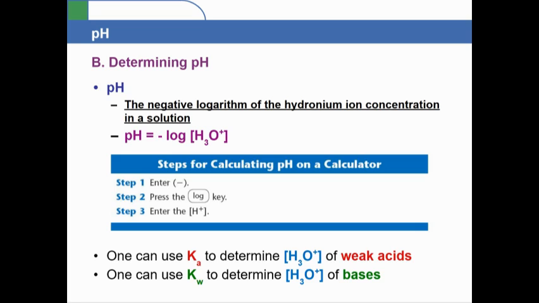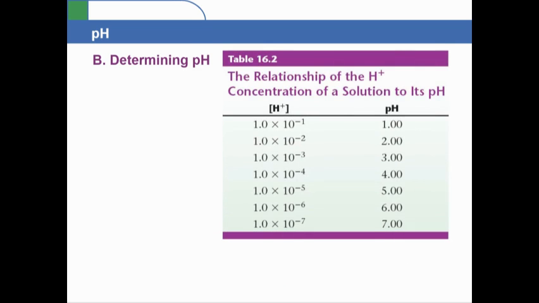Now we have, from there, one thing I do want to point out: the relationship of hydronium ion concentration to its pH. If you notice, as the pH decreases, let's say from a pH of 3 to a pH of 2, every time you go down 1 pH, since it's a logarithm base 10, that means you have 10 times more hydronium ion concentration.